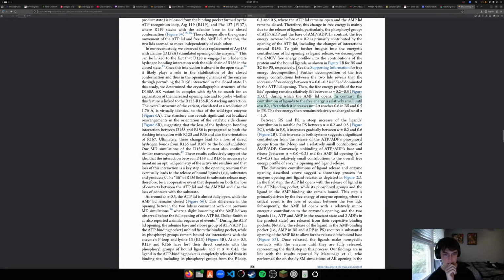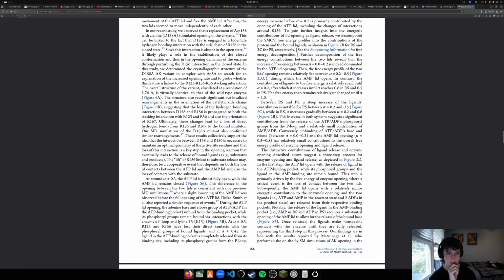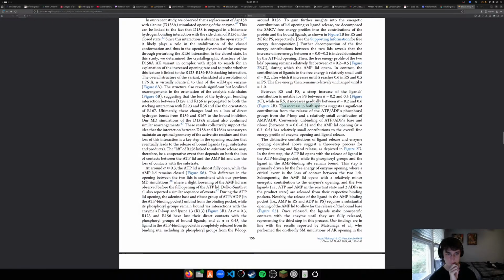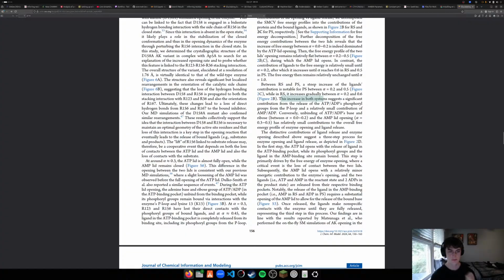In contrast, the contributions of the ligands are relatively small. This increase is a significant contribution. The ligand's contribution is notable for PS.